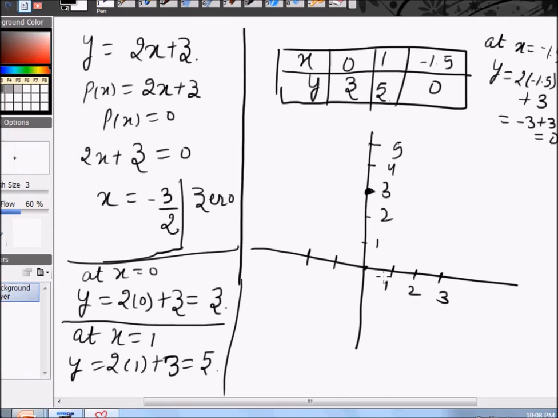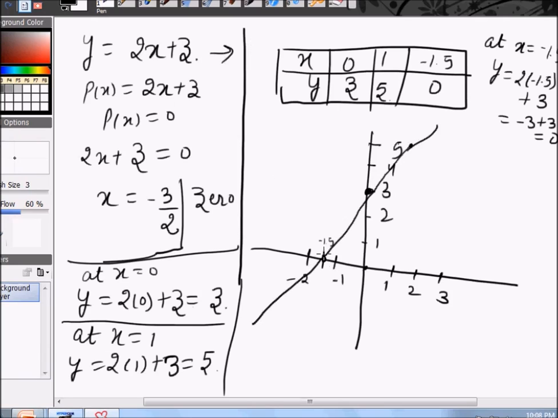At x equal to 1, we have y equal to 5. At x equal to minus 1.5, that is midway between minus 1 and minus 2, y is 0, so it lies on x-axis. After joining these points, we get the graph of the given polynomial.